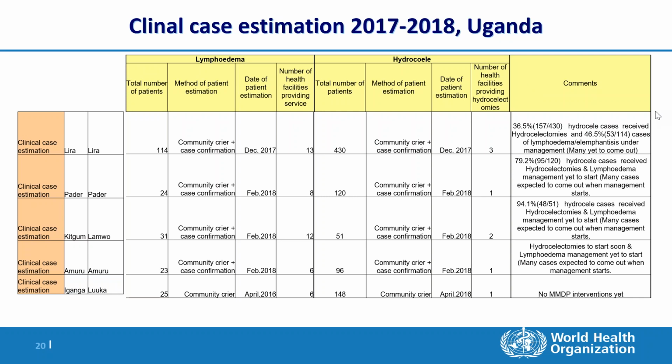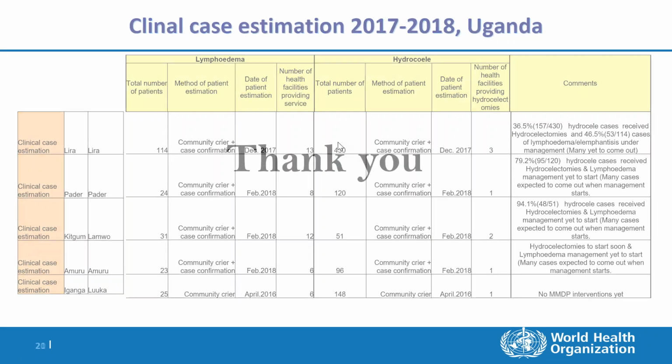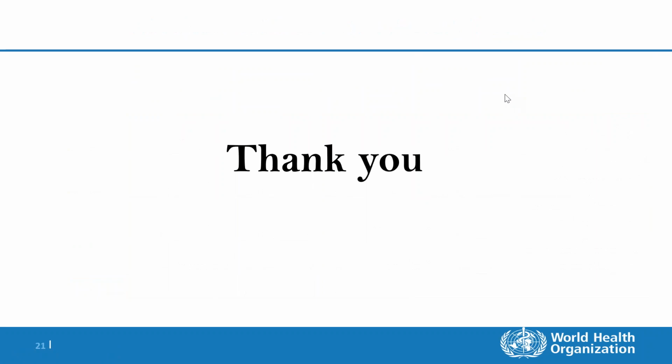Here you see that they have also put some comments. So it's good to put also comments depending on how you collect this data. Next. Okay, thank you. I'm happy to take questions on these forms filling.